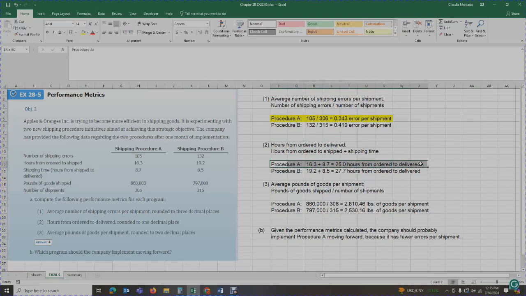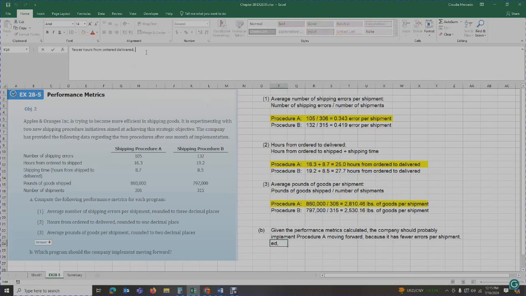it took us less time to get those goods delivered from the point the order was placed until delivery time. It took us less time than procedure B. So on top of it, we have fewer errors and fewer hours from order to delivered. And last but not least, we were able to ship more pounds in fewer shipments.